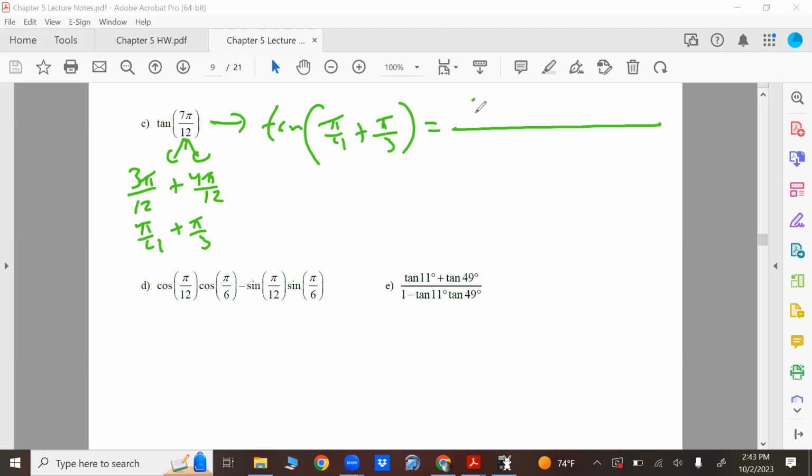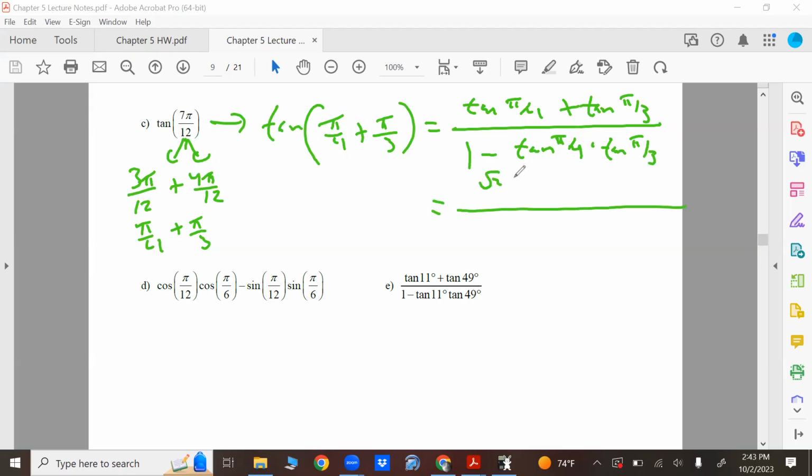So you have tangent of pi over 4 plus tangent of pi over 3, over 1 minus tangent of pi over 4 times tangent of pi over 3. What's that going to be? Root 3.